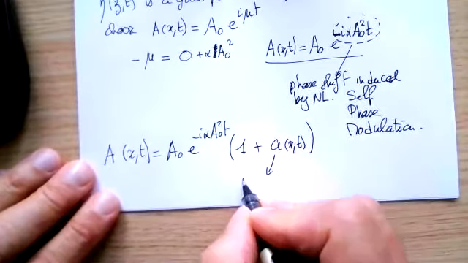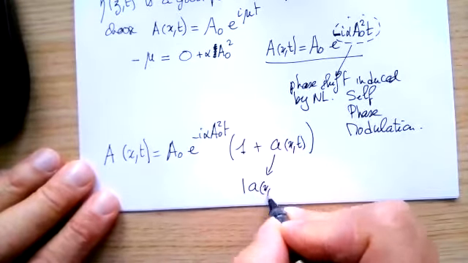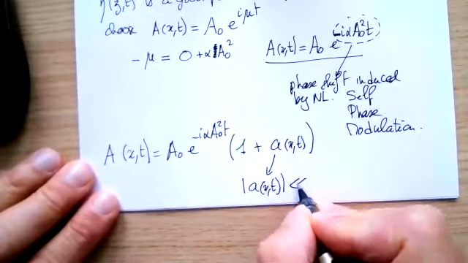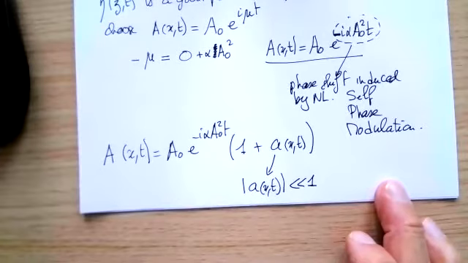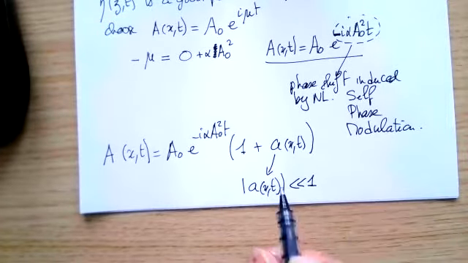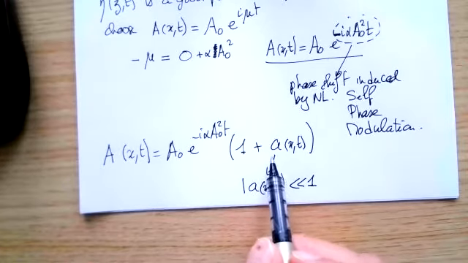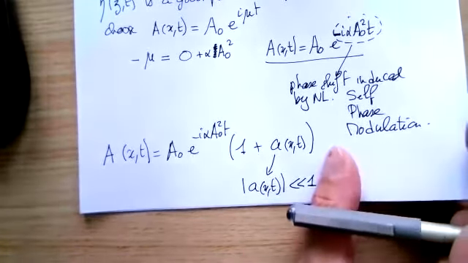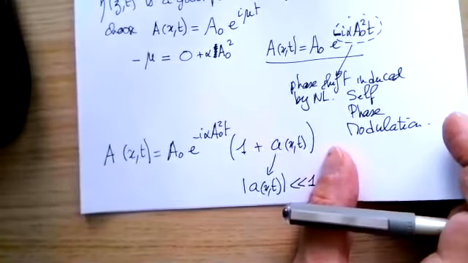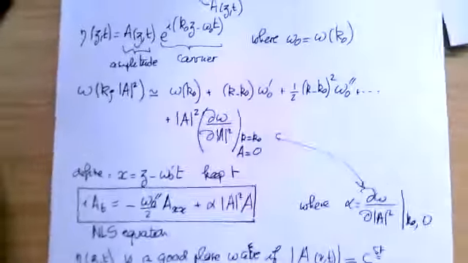Small in the sense that this guy has a modulus small compared to 1. And one wants to see if the plane wave is stable, if a small a will always remain small, or maybe may increase in amplitude. So that's what we will do now.